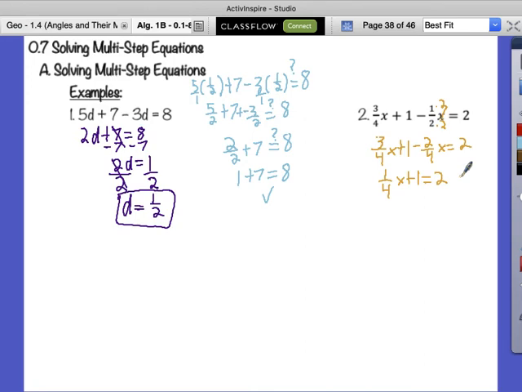Yeah, there you go. Say that again. What's that one? What's the difference between the two? There you go, there you go.